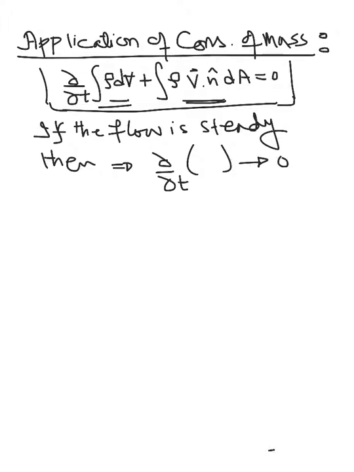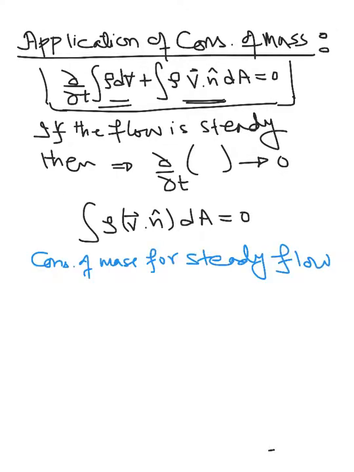As a result, the equation will reduce to only one term, which we evaluate over the surface of the control volume, and this is the equation for conservation of mass for a steady flow field.